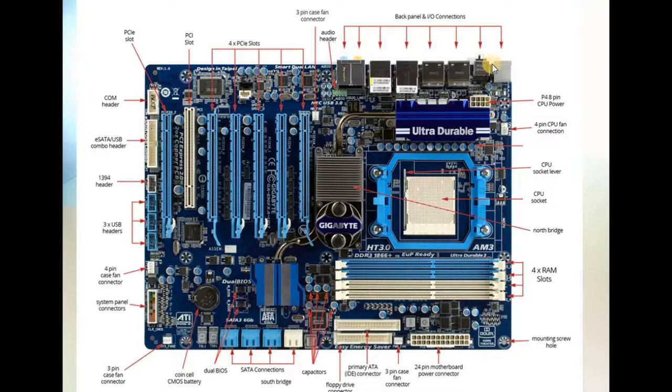And this is the back panel where we connect the input output devices, and we have these PCI slots, and then we have the connectors for the SATA connection for the hard disk and other peripherals. And then we have this CMOS battery, and different small capacitors and so on. So it is a combination of many different components, and we can call this a system.